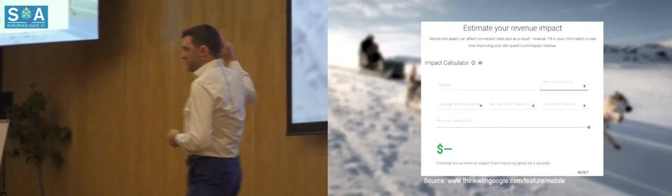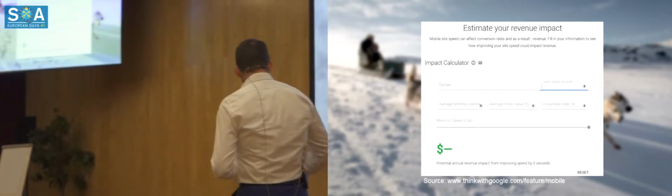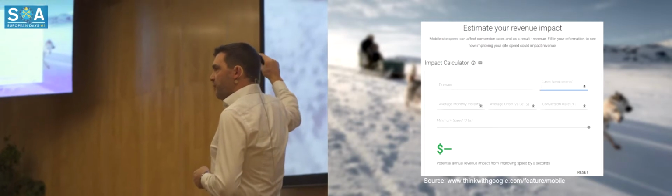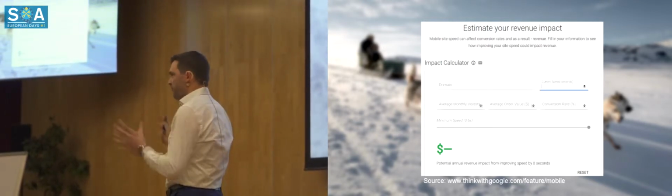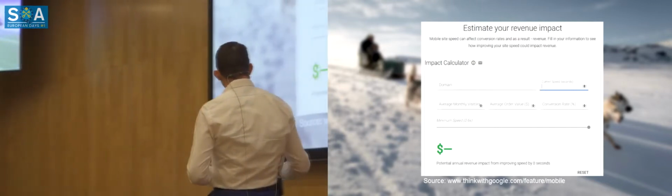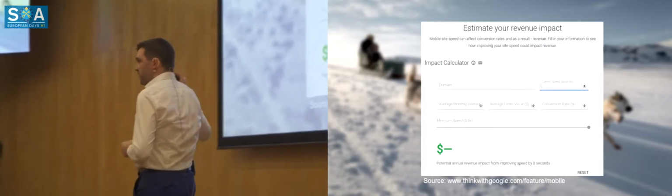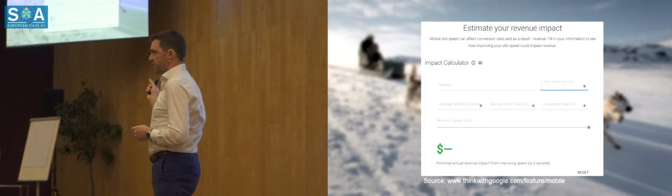Well, this handy tool can help you. It's a tool by Google, and with a few parameters, you can get at least a rough estimation of the impact on revenue. And this is because at the end of the day, your management is interested in the money.